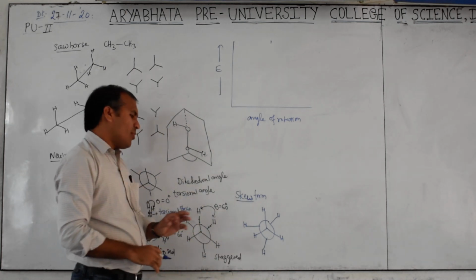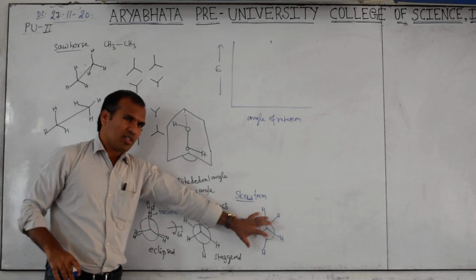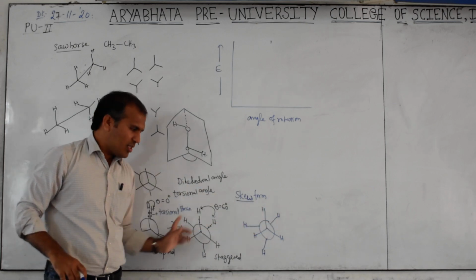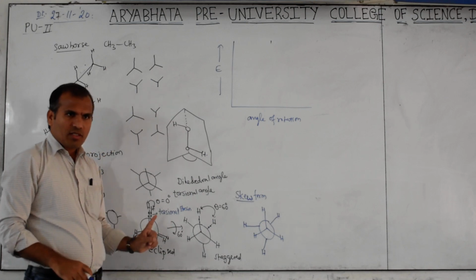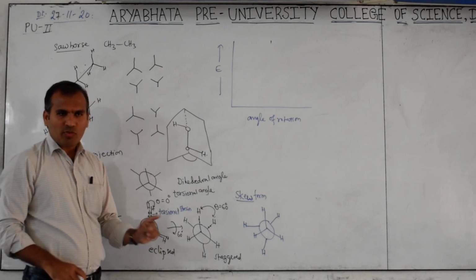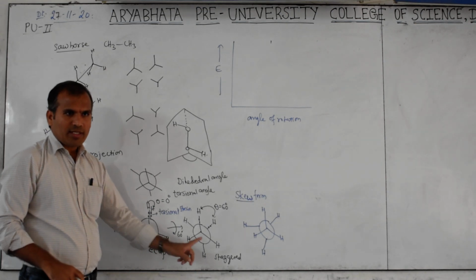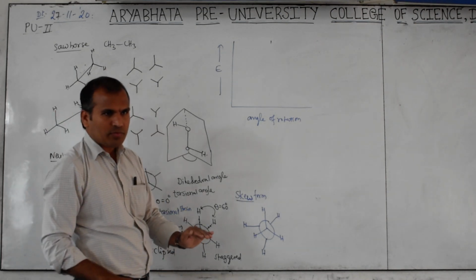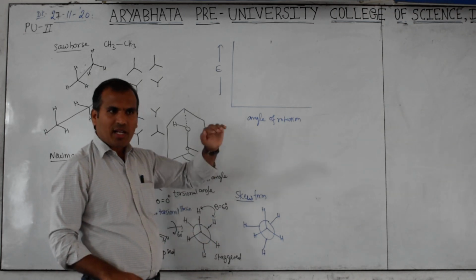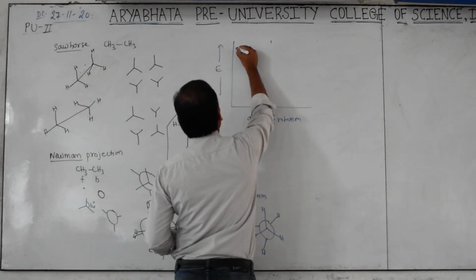I am not discussing the unstable one because we are not discussing that much. In these two, tell which is less stable and which is more stable. Staggered is more stable, eclipsed is less stable. More stable means lower energy or higher energy? Unstable means higher energy.